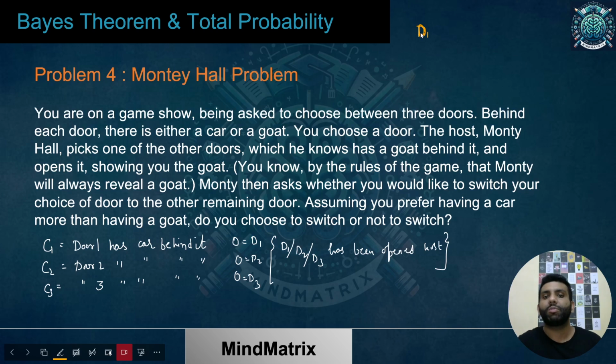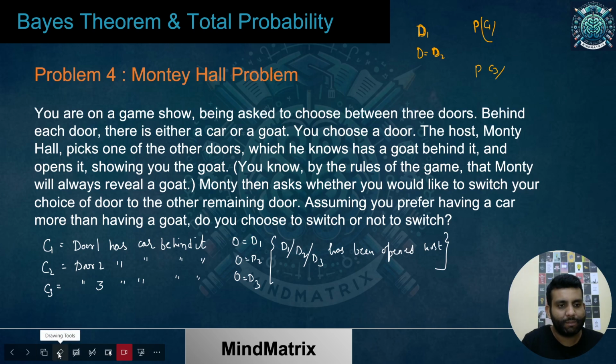So if you have picked D1 and let's suppose O equals D2, then you will calculate something like this: P of C1 given O equals D2, and P of C3 given, sorry, there is too much space limitation.